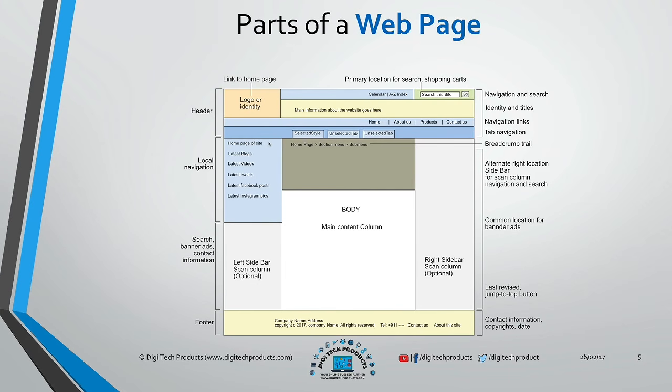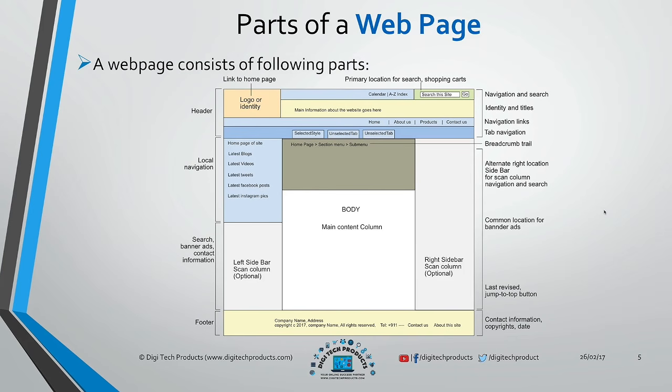And then these are the sidebars, where we can put additional content, maybe the latest blogs, videos, something like that. We can put some ads, banner ads. On some websites you might see advertisements, Google ads running here or here. And then this is the bottom area where you put the company information and stuff like that. So this is the general layout of a web page, how it normally happens to be.